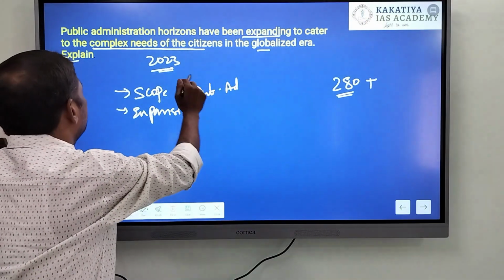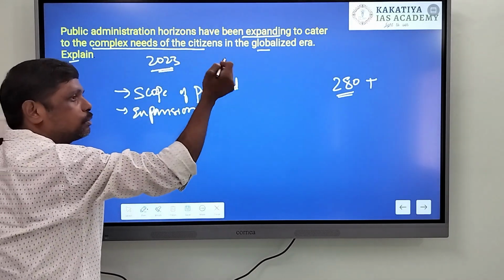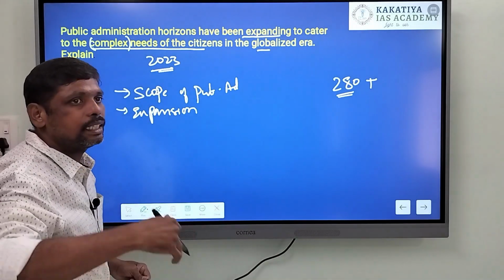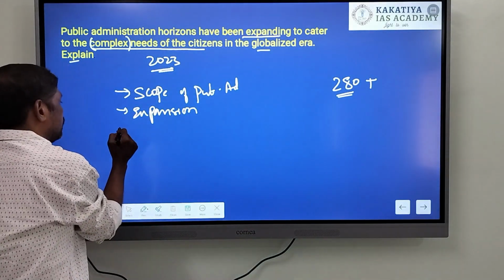The reason for expansion is the needs of citizens. The needs of society are increasing. So it is not just an increase in quantity, but also the complexity of the needs is increasing.